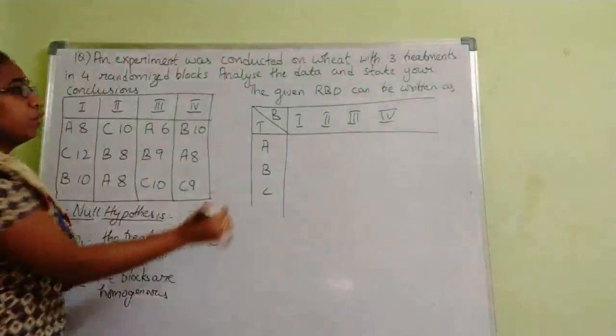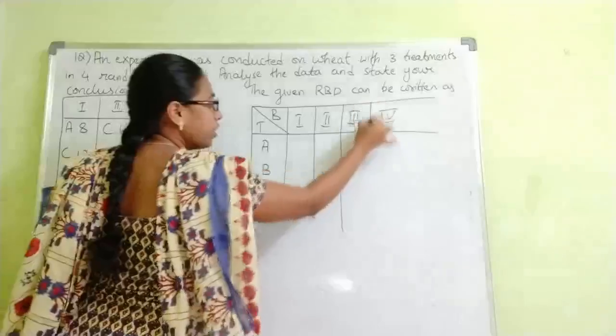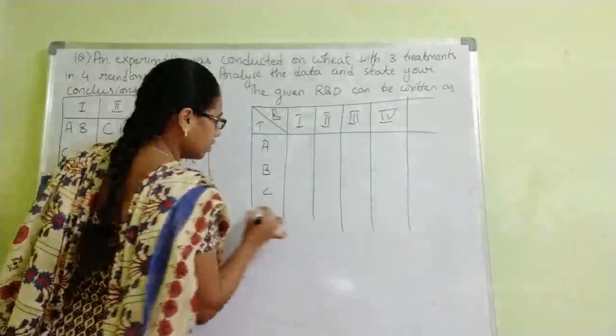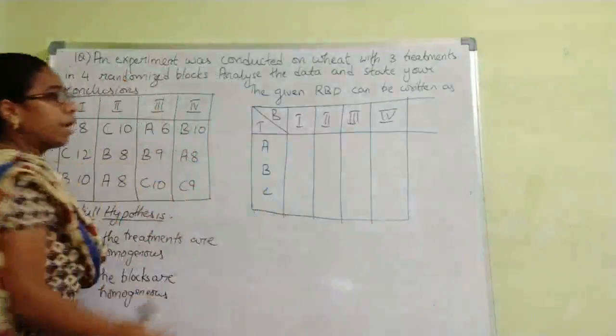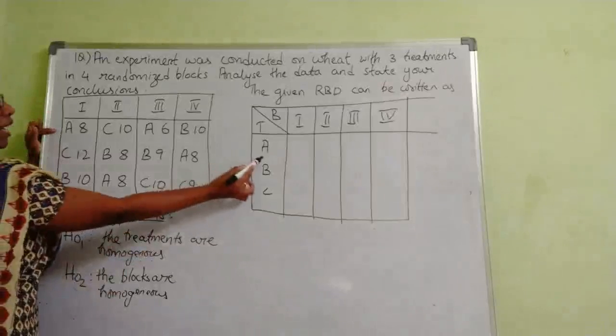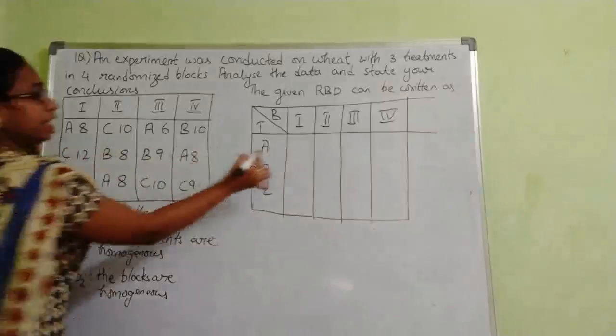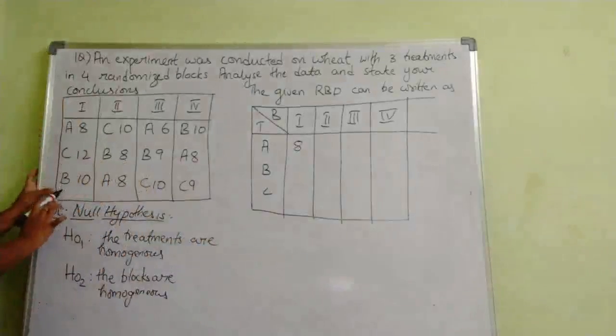So now these are 4 blocks. You first divide the 4 blocks, then for each block you write the treatment values. First coming to block 1. In block 1, what is the treatment A value? It is 8. In block 1, what is the treatment B value?